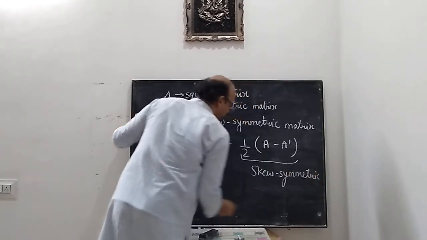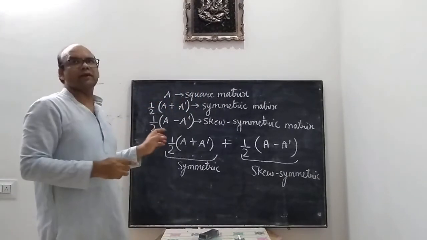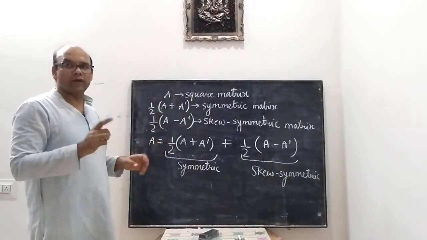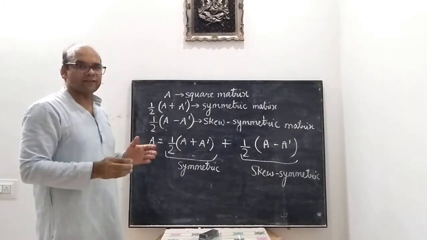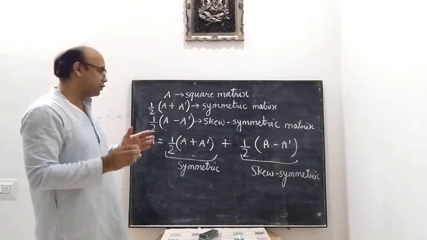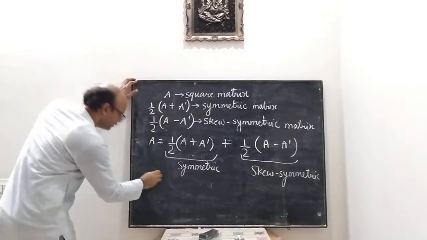So what is the conclusion? Every square matrix can be uniquely expressed as the sum of a symmetric and a skew symmetric matrix.